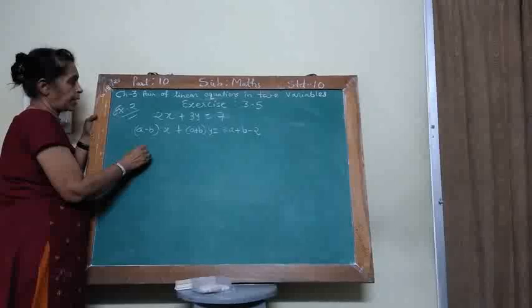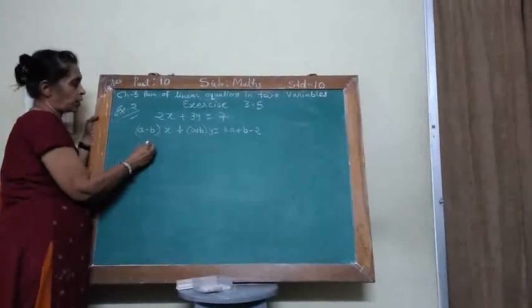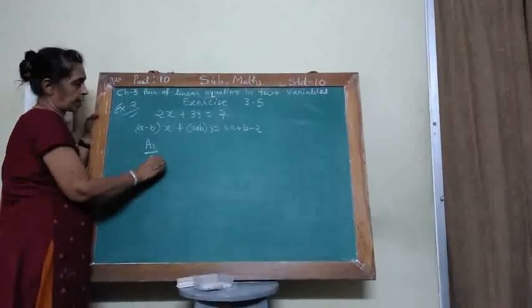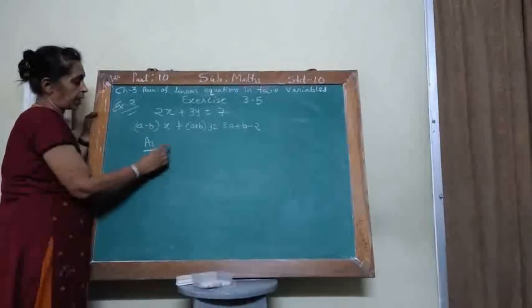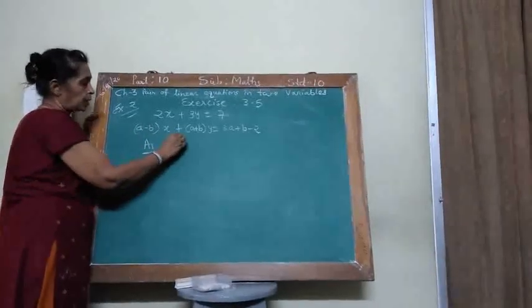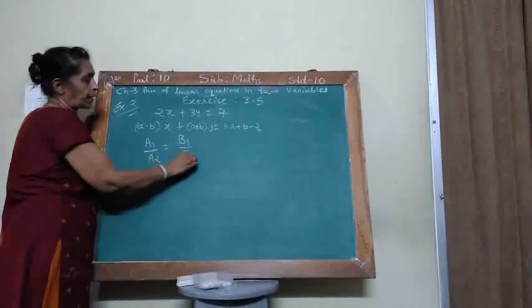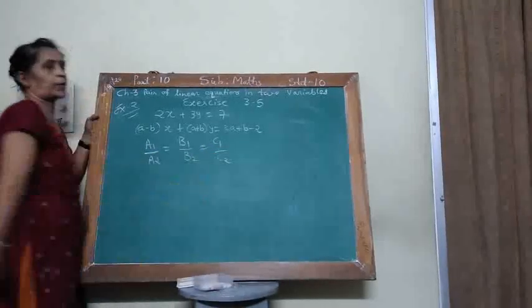So what happens here? Here a and b are small, so I write capital A1 upon A2 ratio. First ratio, A1 is 2, capital A2 is A minus B, is equal to B1 upon B2. For infinite solutions, all ratios must be the same.